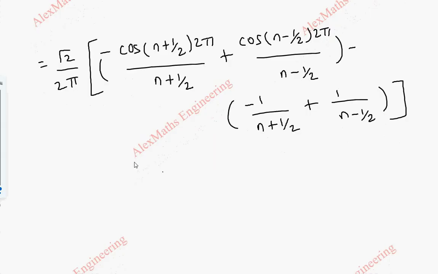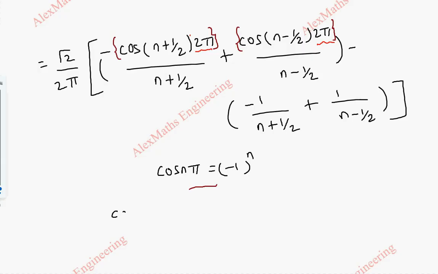Now cos n pi is minus 1 power n. So if we apply that formula for this separately and for this separately, actually we don't need this formula because it is already 2 pi. So cos 2 pi is 1 and we have a multiple n plus half and n minus half still, but again depending upon the value of n, this keeps changing, so it is better to use a formula.